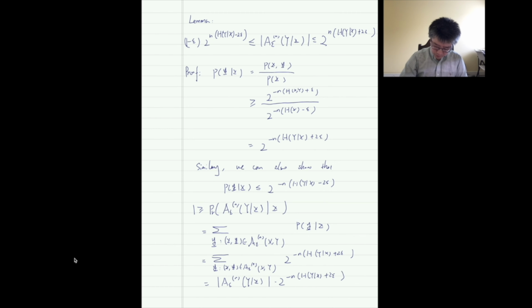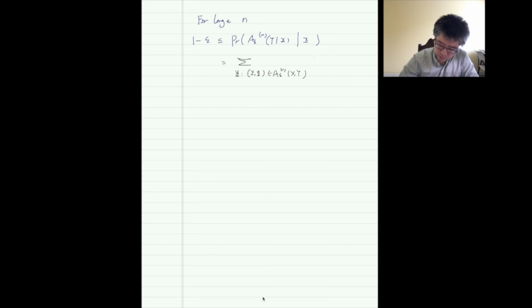Therefore this would be less than or equal to 2 to the negative this. We just move this to the other side, and we can get the upper bound of this.